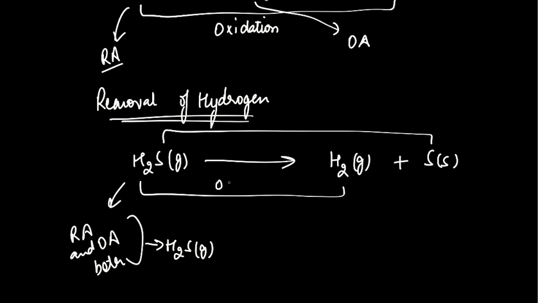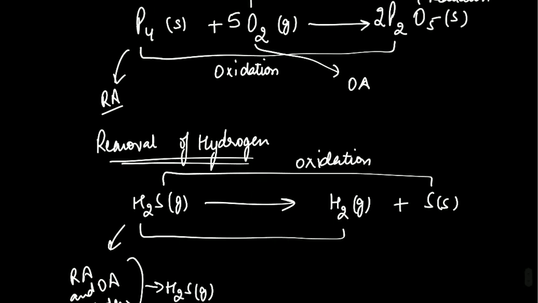So sulfur is removing hydrogen. Removal of hydrogen is oxidation. So sulfur is getting oxidized. So this is oxidation. Hydrogen over here is removing sulfur.